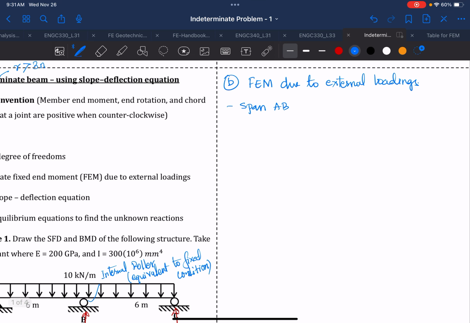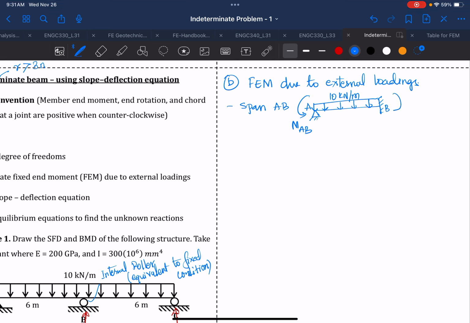So in that case, for span AB, you have a pin, and also you'll have a fixed end. So A, B, and you'll have a uniform distributed load of 10 kilonewton per meter. And you'll see that this will be my moment MAB, which is the fixed moment at A in a beam AB.